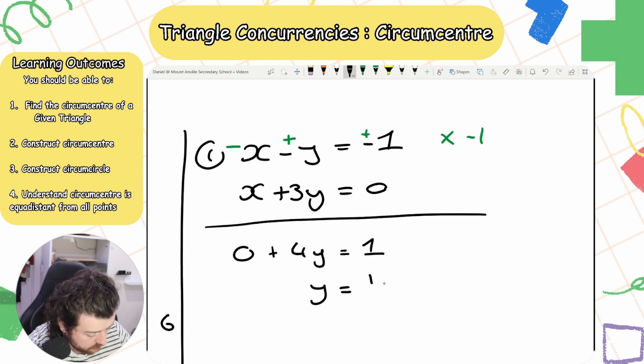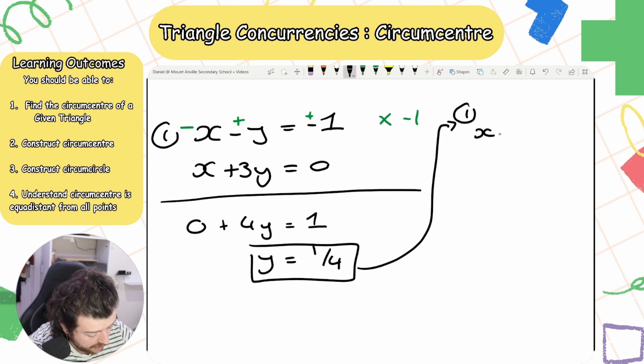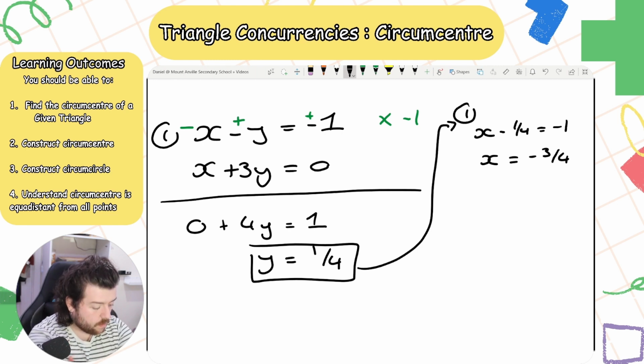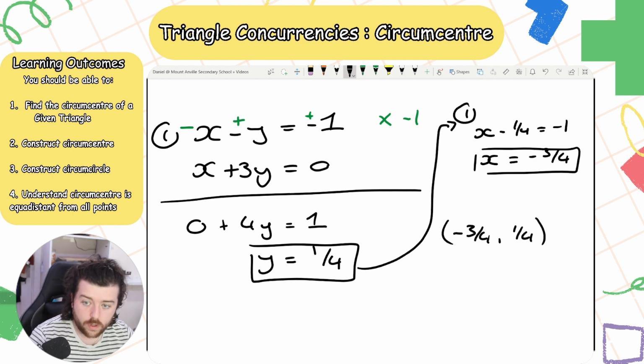Y is going to be equal to 1 quarter. Let's sub in. I'm going to sub it into equation 1. So x minus a quarter equals minus 1. X then is going to be equal to minus 3 quarters. So my circumcenter should be minus 3 quarters and a quarter.